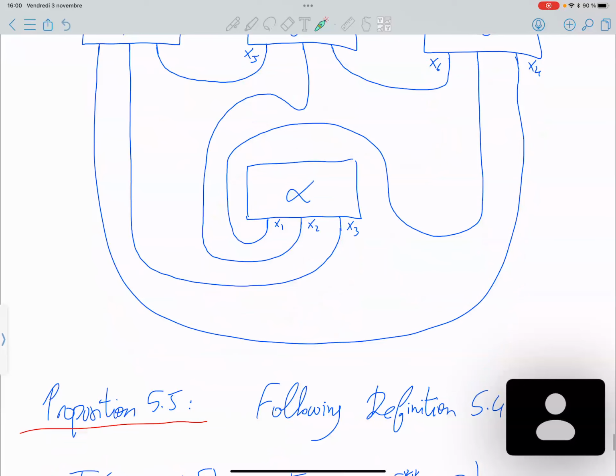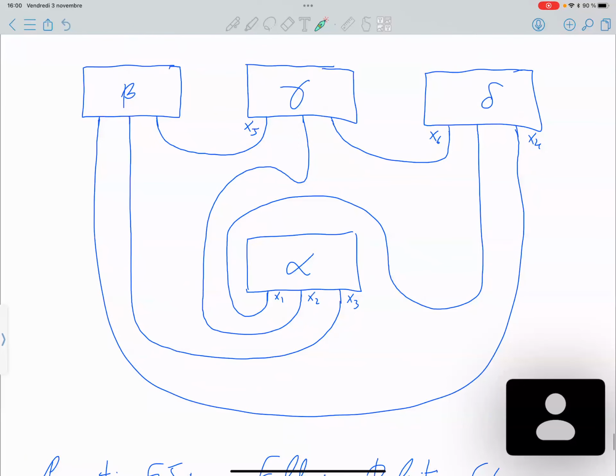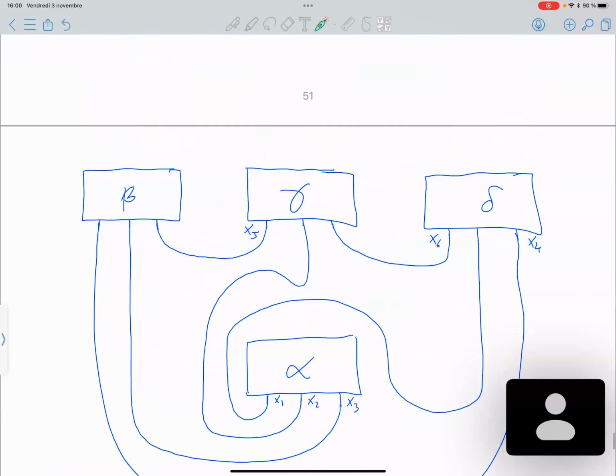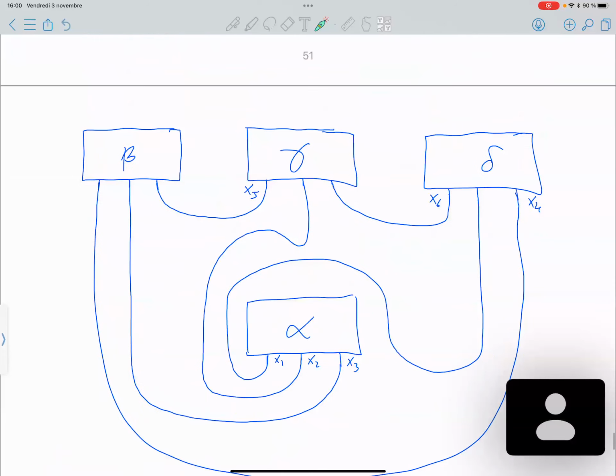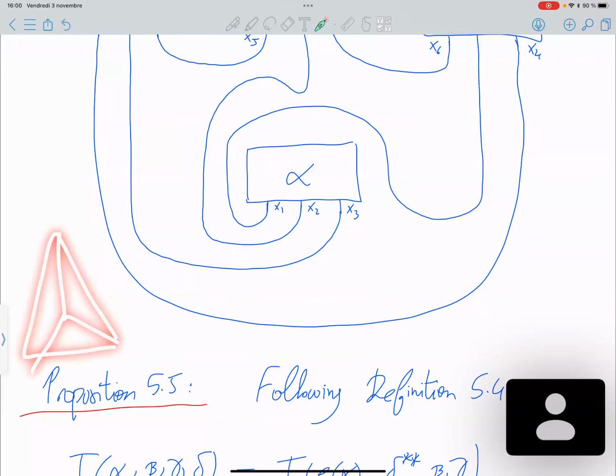So as I said, the more structure you add to a monoidal category with left dual, fusion category, spherical fusion category, etc., the more you will be able to have a model which will be close to the usual regular tetrahedron.